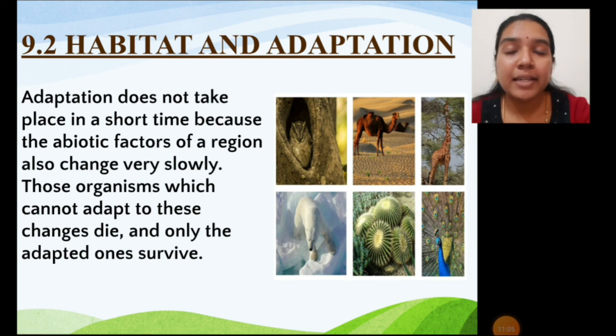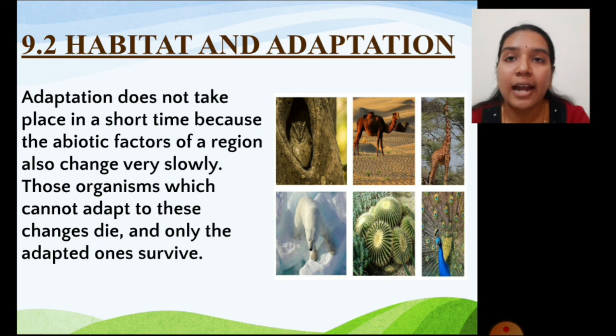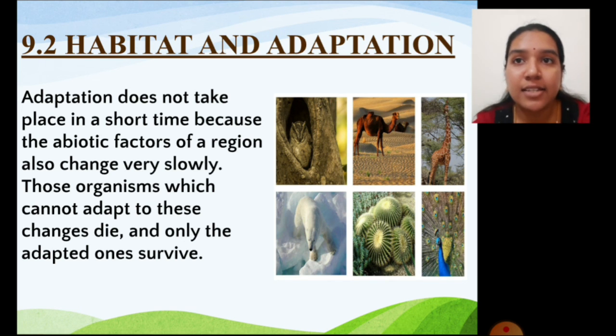As I am repeating again and again, adaptations of organisms have not been developed in a short period of time. It took several years because even the abiotic factors are not constant in one place. They also change very slowly over some period of time.